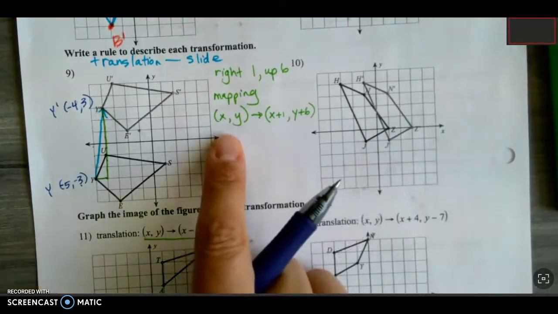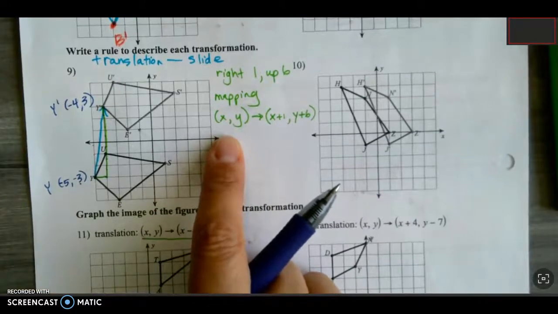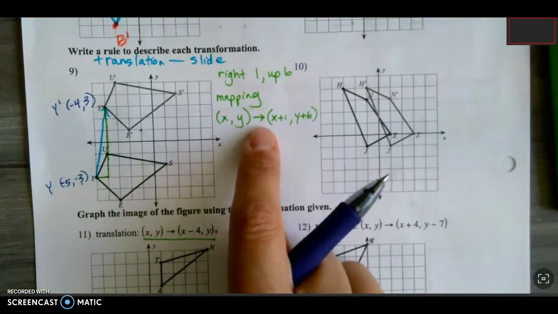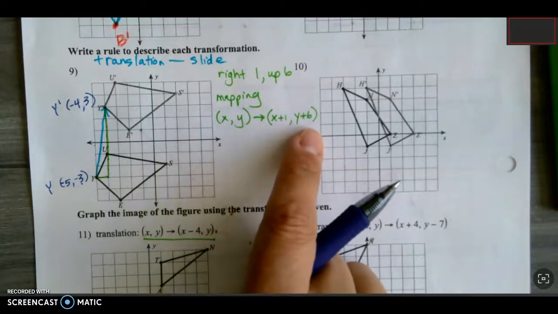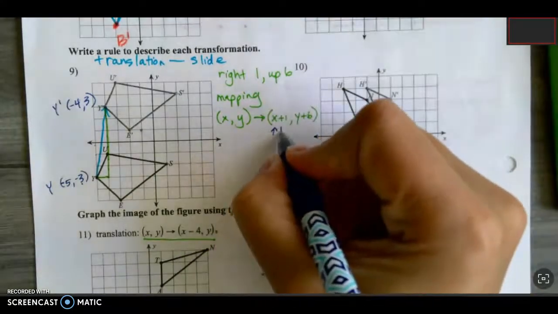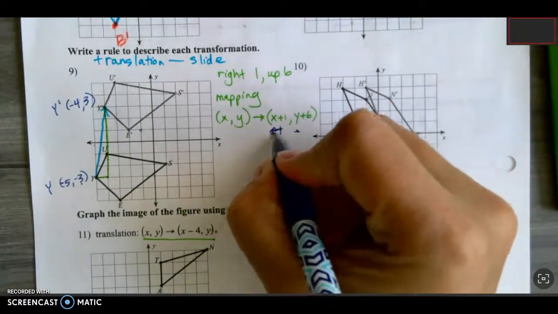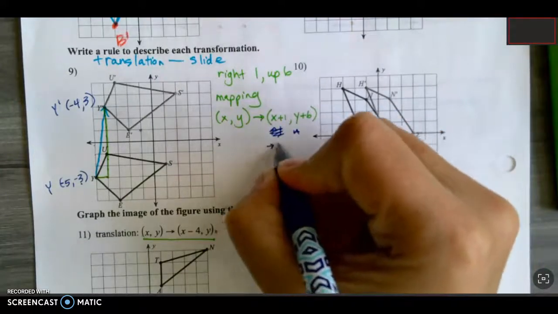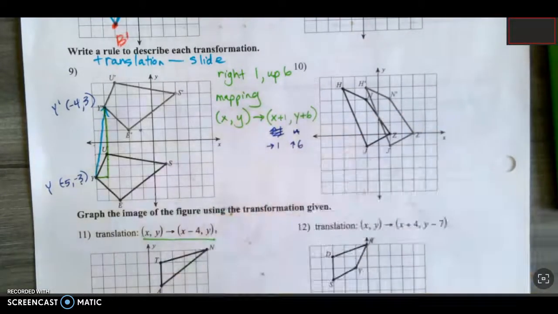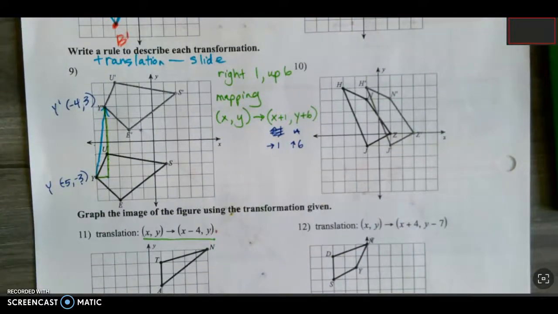Okay, so again, in mapping notation, we say xy maps to x plus 1, y plus 6. And that just means it went right 1 and up 6. Right 1 and up 6.